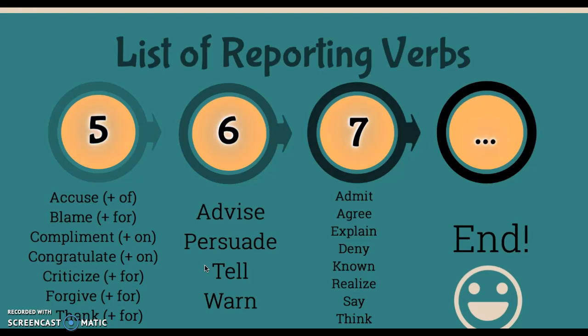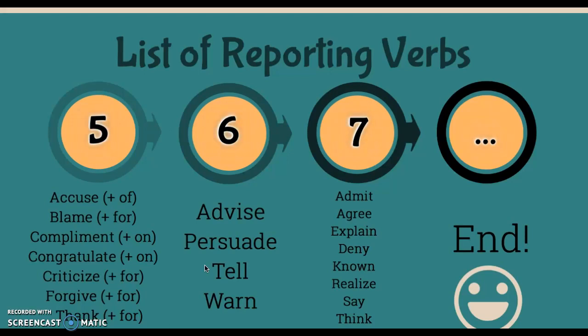They are accuse of, blame for, compliment on, congratulate on, criticize for, forgive for, thank for, and warn about. In number 6, we just have 4. They are advise, persuade, tell, and warn. Number 7, we have admit, agree, explain, deny, know, realize, say, think, and warn.